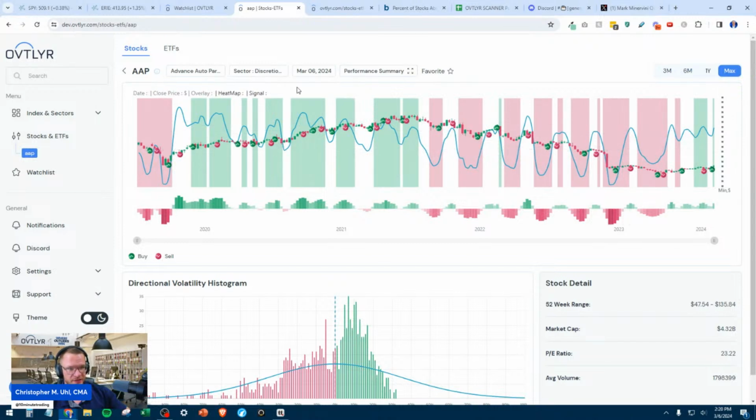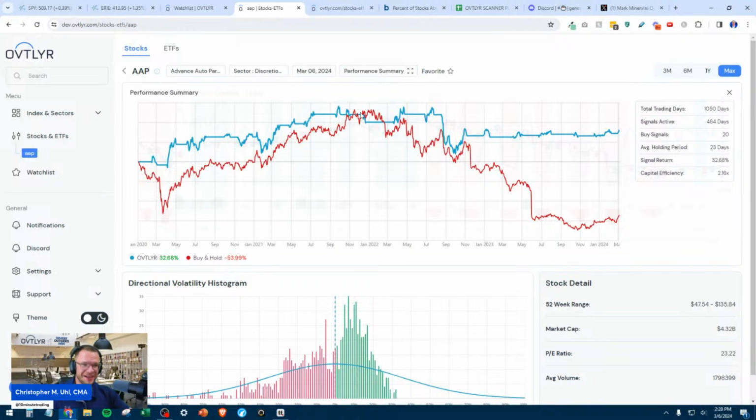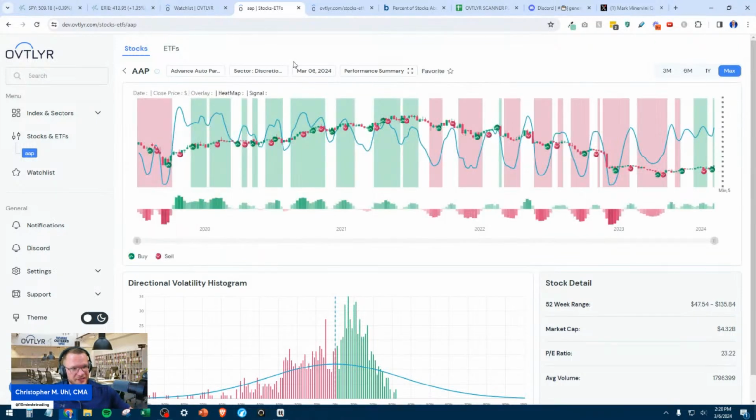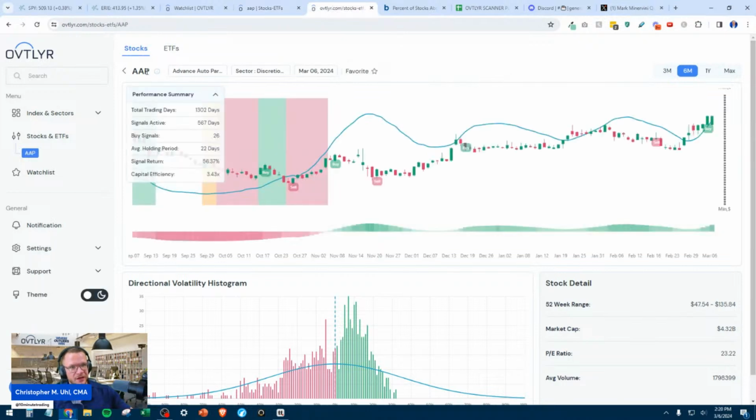Let's jump in and zoom into the performance summary. This is so freaking cool. Oh, perfect example. Okay, so we're going to talk about AAP. This is one Mahesh was following. And he's like, Chris, we got the buy signal on AAP on the production on March 4th.